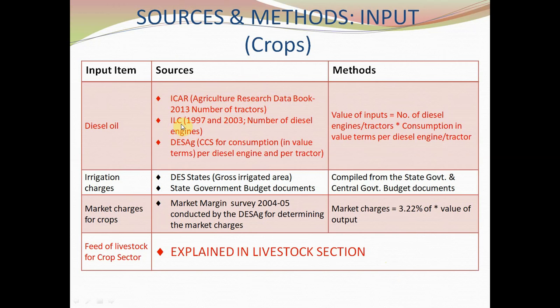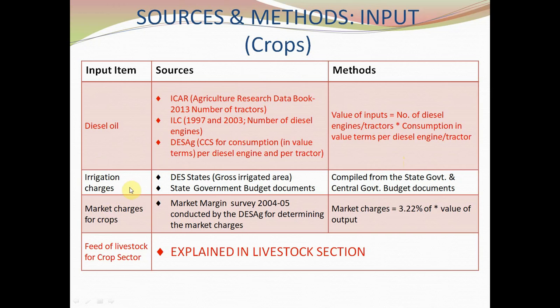The Indian Livestock Census 1997 and 2003 are used for the number of diesel engines, and DES, Ministry of Agriculture, CCS cost of cultivation studies are used for consumption in value terms per diesel engine and per tractor. So the value of input will be calculated by using the number of diesel engines or tractors multiplied by consumption in value terms per diesel engine or per tractor.